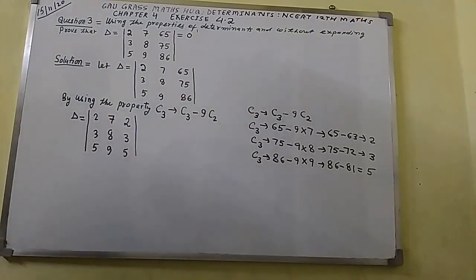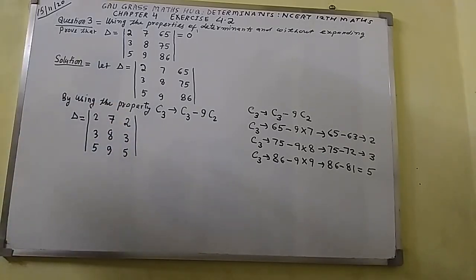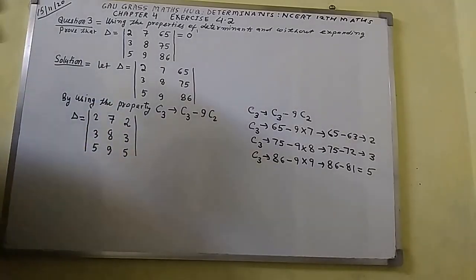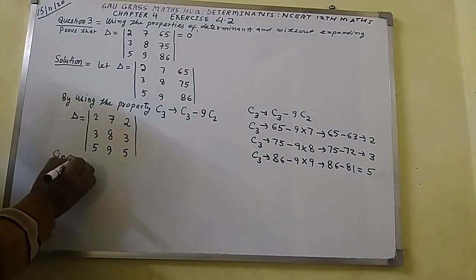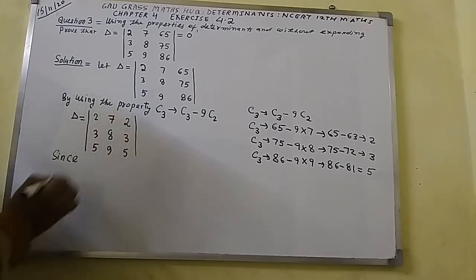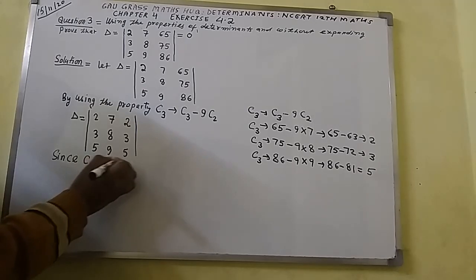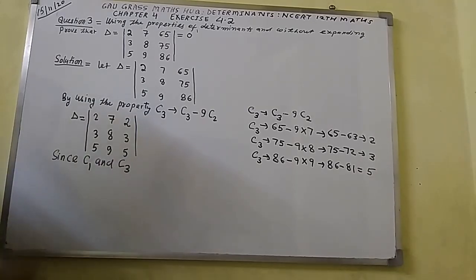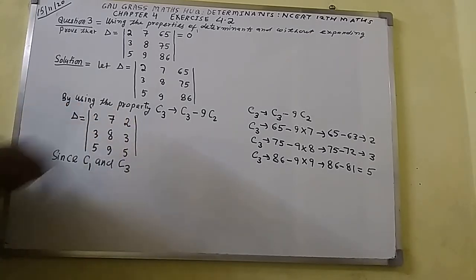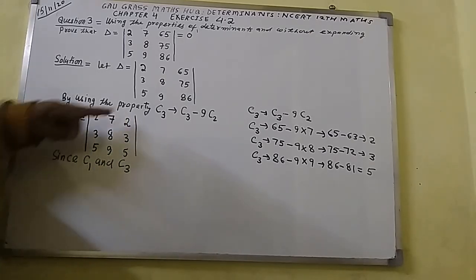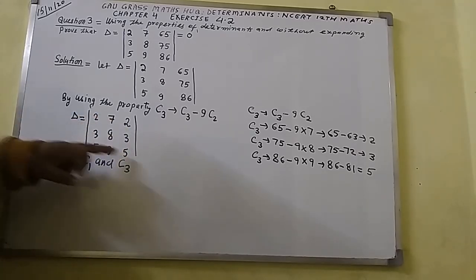Here you can see the first column and third column are identical: 2, 2, 3, 3, 5, 5.